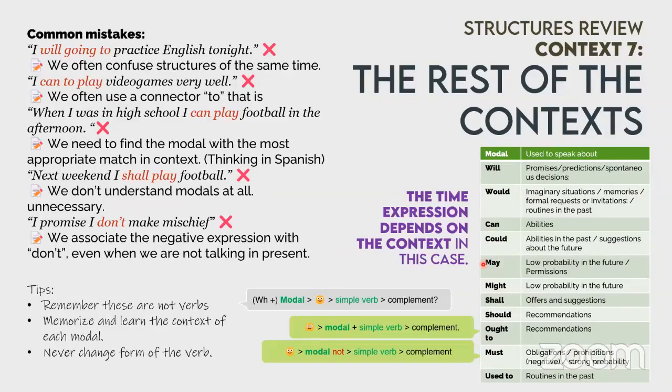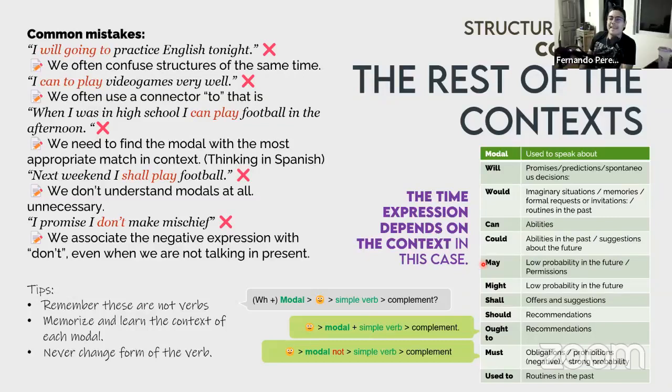May can also express low probability in the future, because in some cases it can be similar to might. For example, Caesar said, this year I might not buy a car.